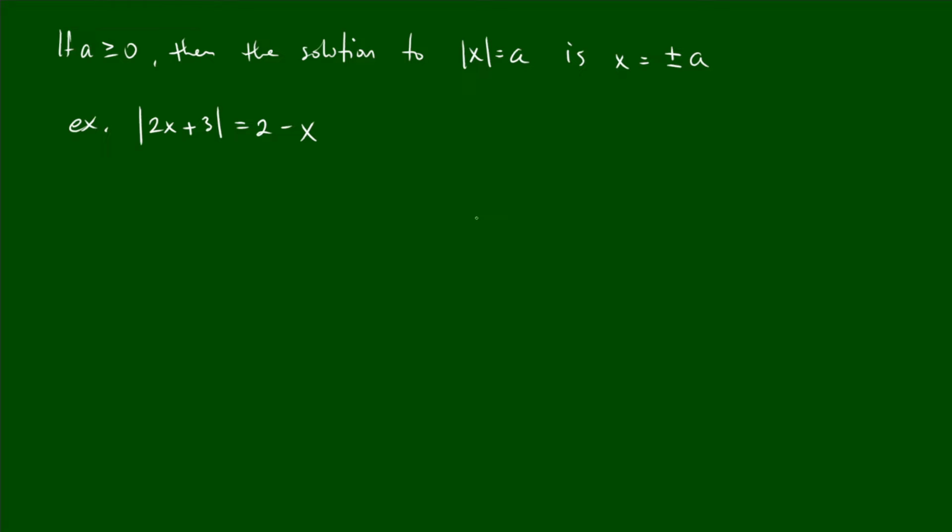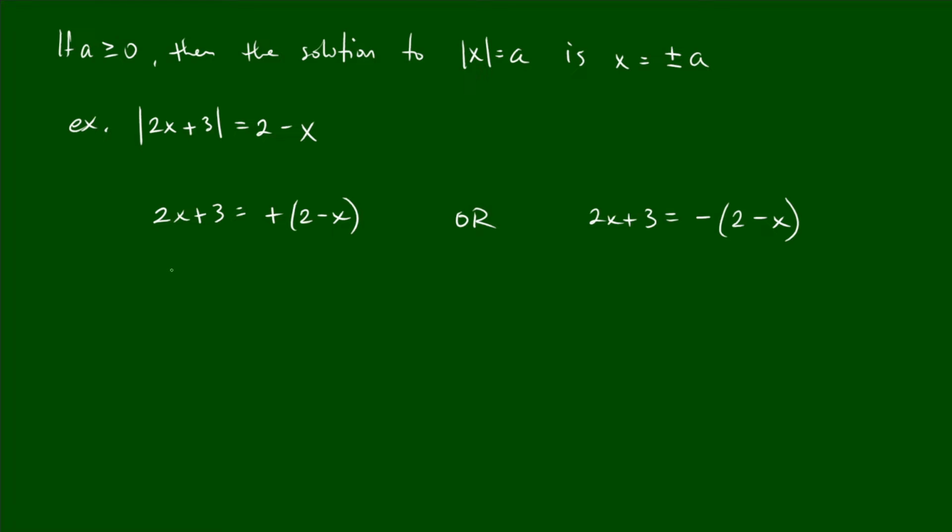So that means something. You have two cases here. You could have 2x plus 3 equals positive 2 minus x, or you could have 2x plus 3 equals negative 2 minus x. Alright, you just don't know if the right side is positive or negative. So let's solve both of these cases.